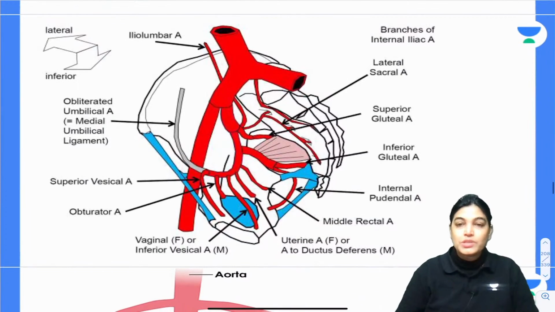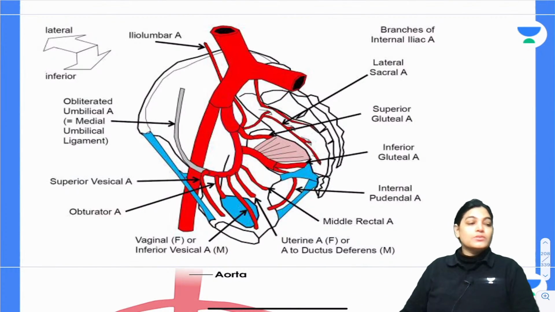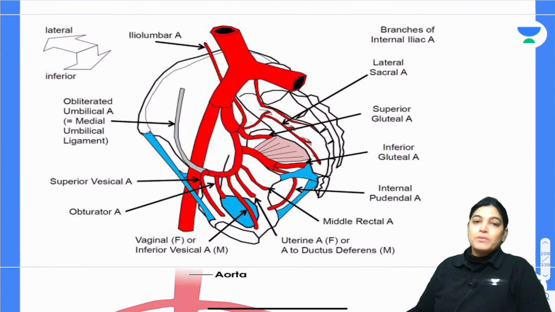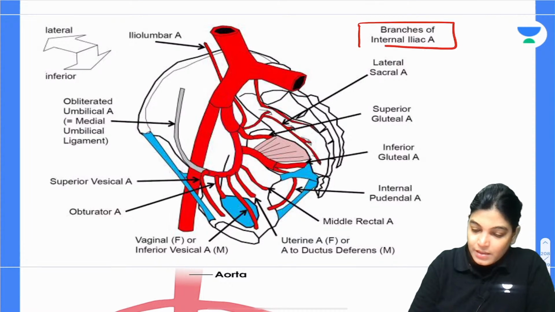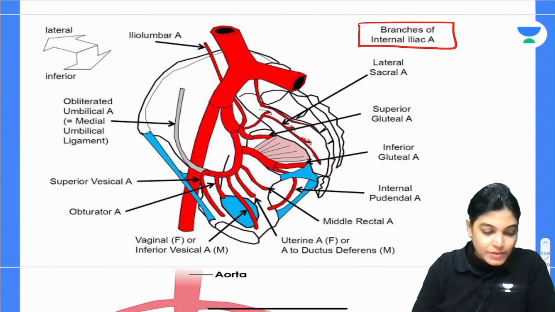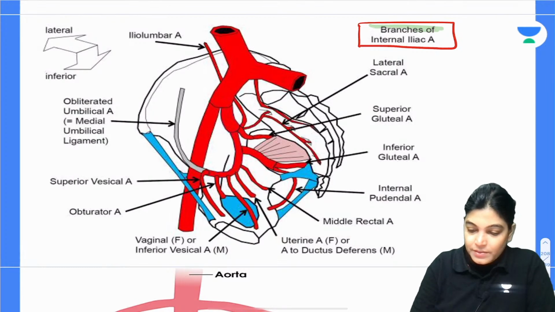So I would like to share this image with you. If you see this image, you can appreciate the branches of internal iliac artery.